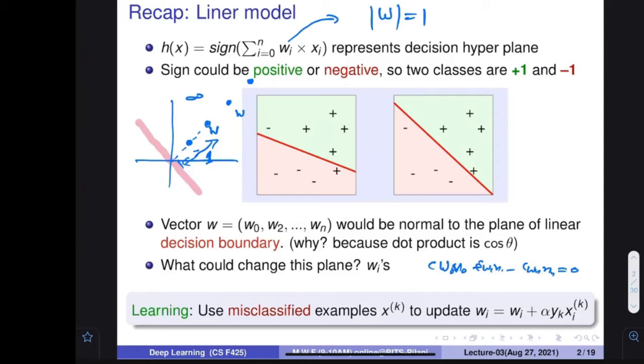Even if somebody is not mentioning that, you can think that whatever parameters they come up with can be transformed to a system where the mod of W is equal to 1. It is not very difficult, because you just find the mod and divide all the parameters by that particular mod.